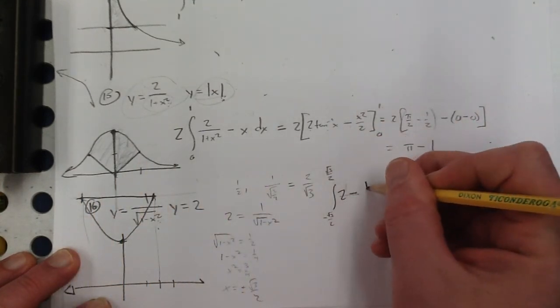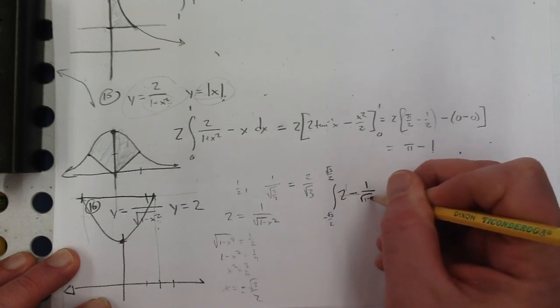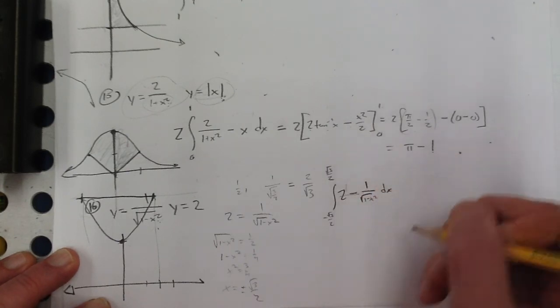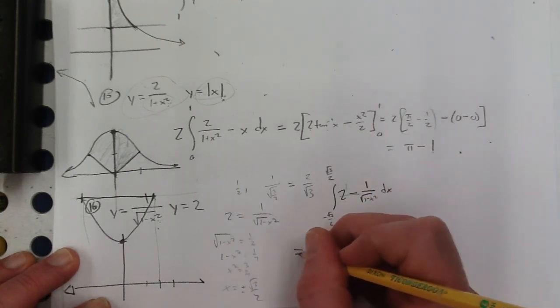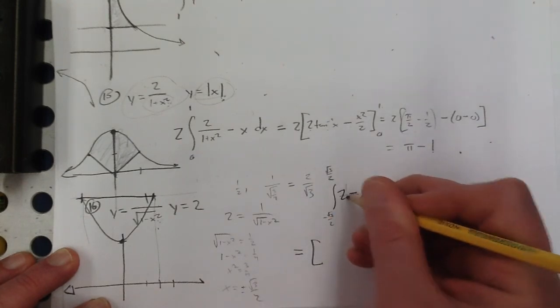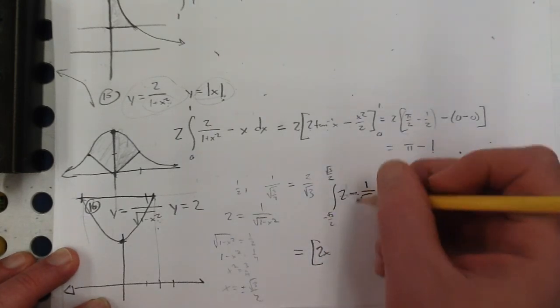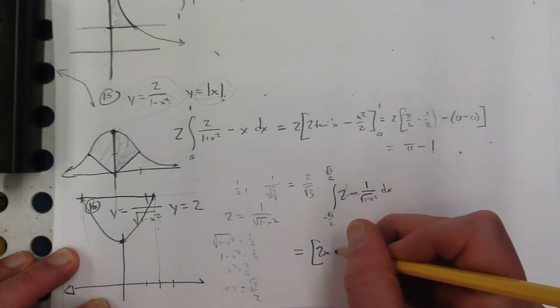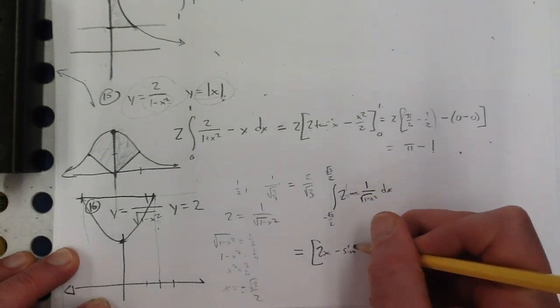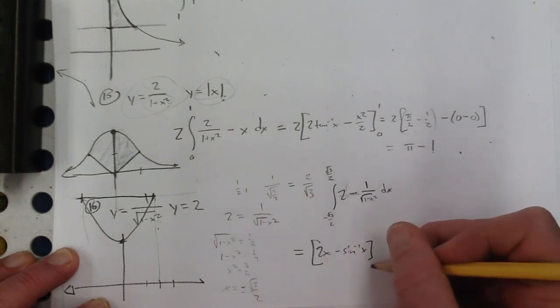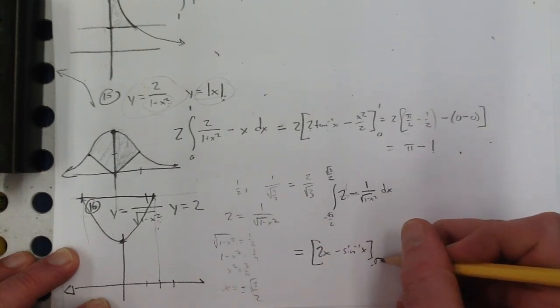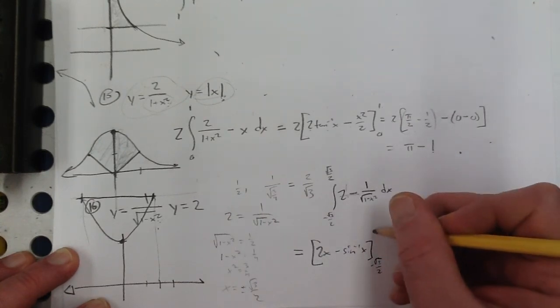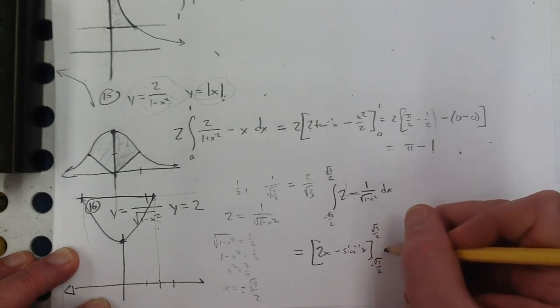And what's on the bottom is this. Okay? Antiderivative of 2 is 2x. The antiderivative of this is sine inverse of x. And, well, that's all right. I've got some pretty nice numbers here for the sine inverse function, don't I?